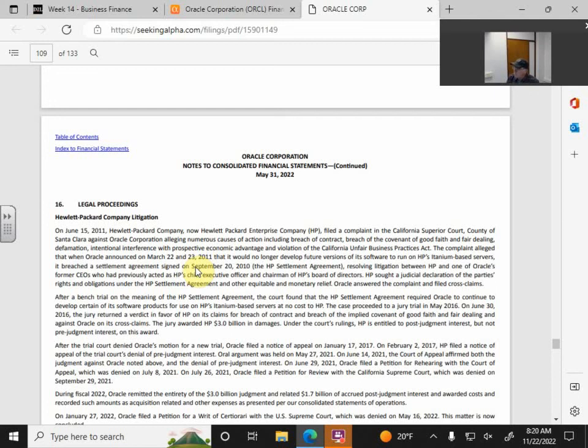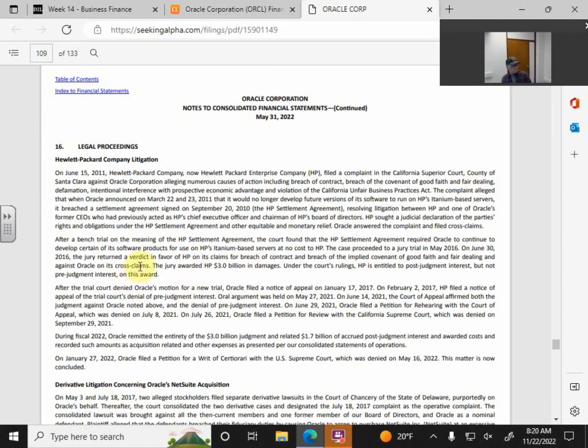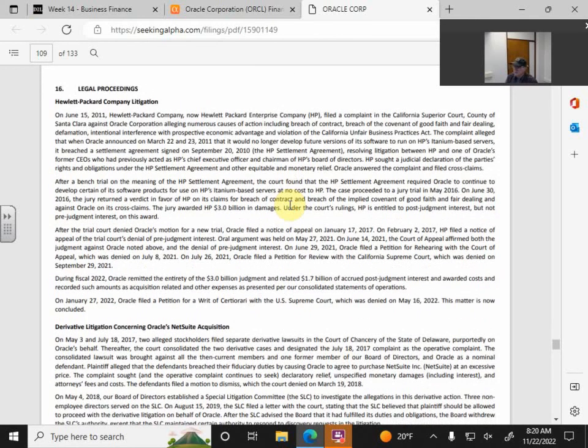Go ahead. Future versions of stuff. Yeah. So there you go. Yeah, it's there. Like I say, it wouldn't take too much to read through this.